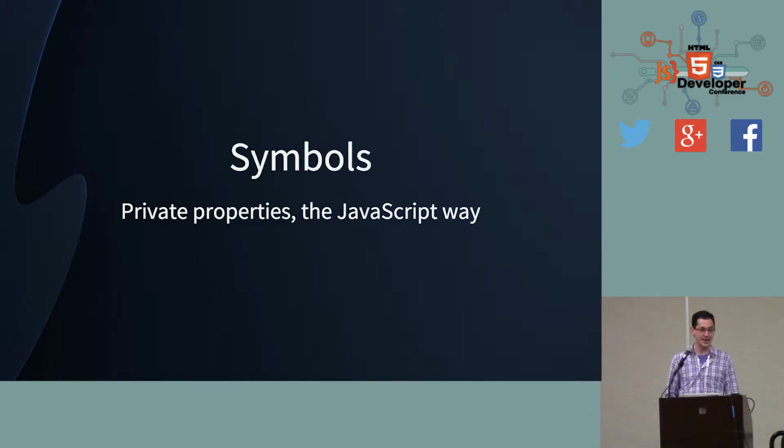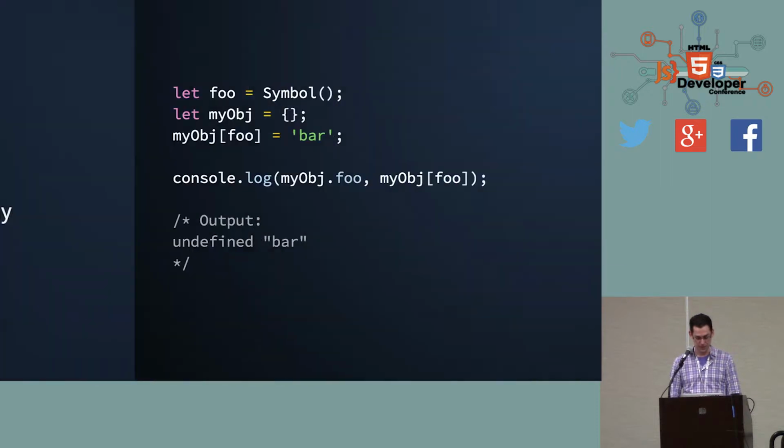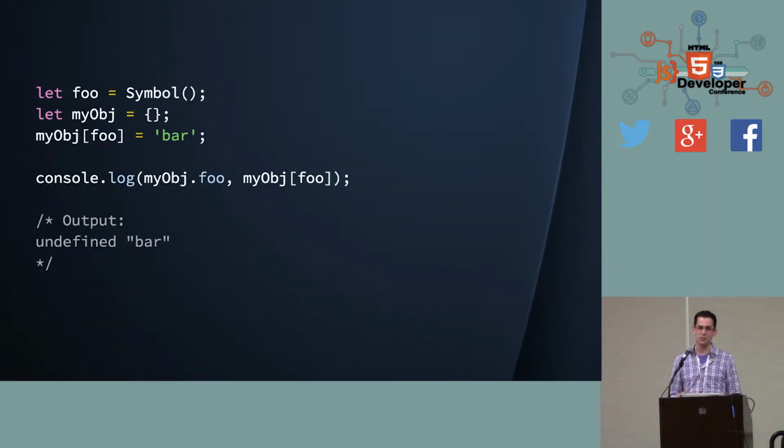So this is an actual private method or private property. Now it's in its own JavaScript way. We had to make it work with the language, so we don't use the private keyword. It looks different than the other languages. What we do instead is we create a new instance of this thing called a symbol. And we actually do let foo equal Symbol, and then we use that to define our properties.